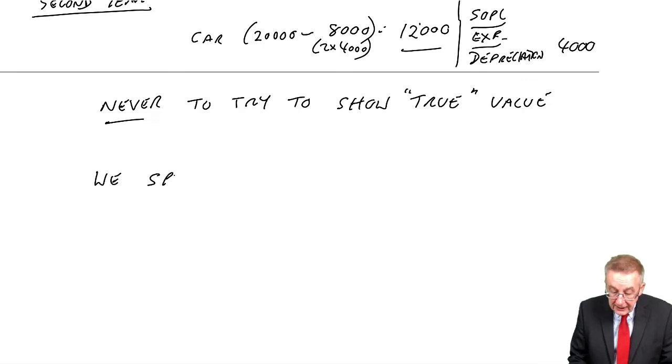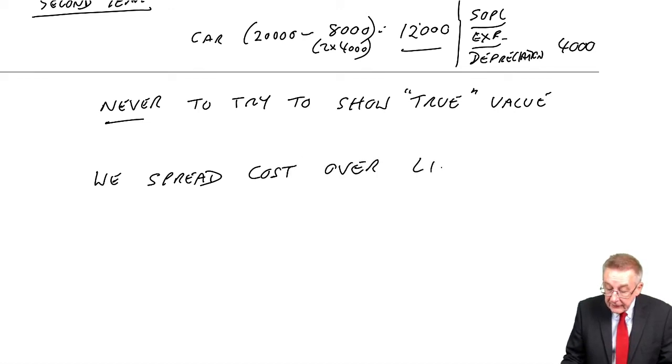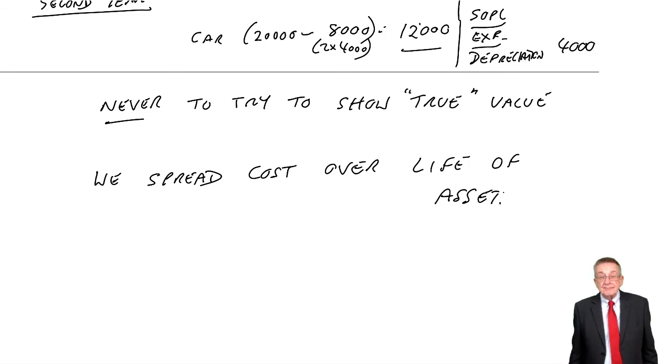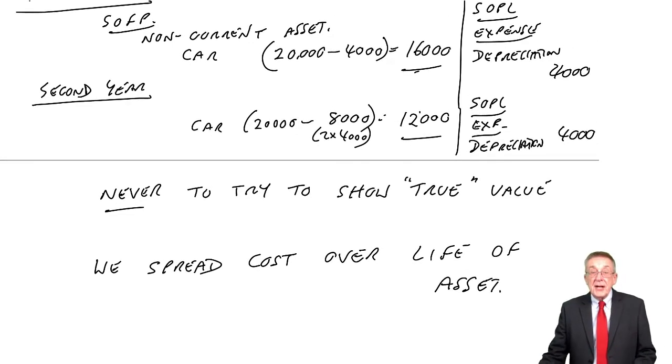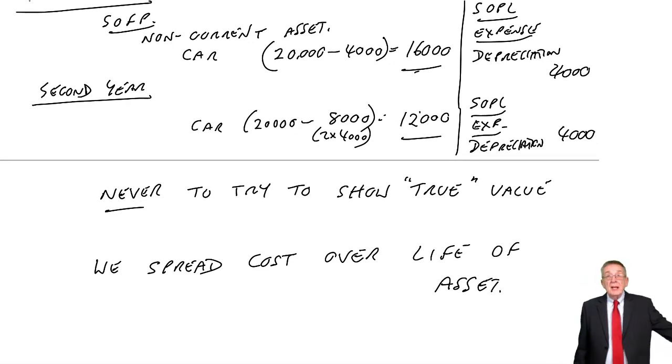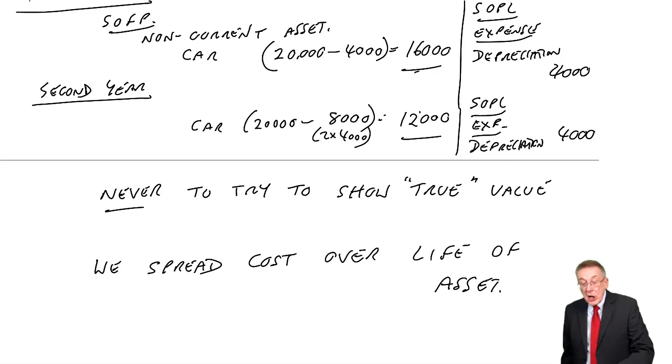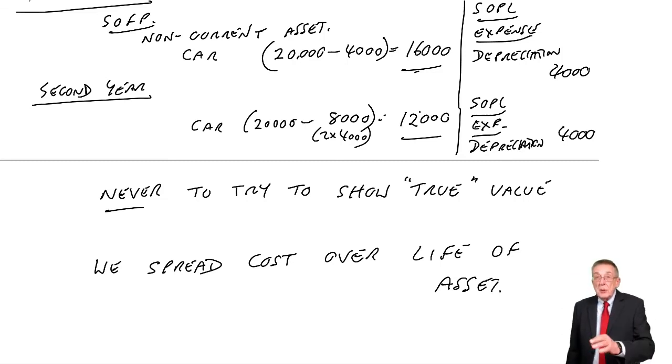We spread the cost over the life of the asset. So I hope I made the point that I must repeat the first line. The figure that appears on the statement of financial position, we will reduce the value each year, but we never claim the 16,000, the 12,000.